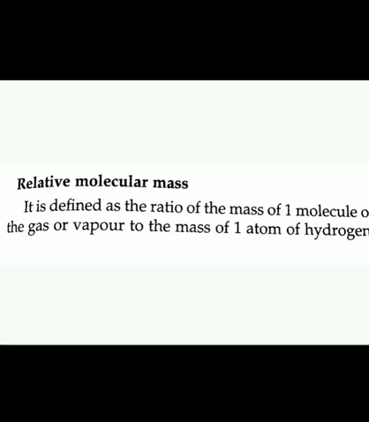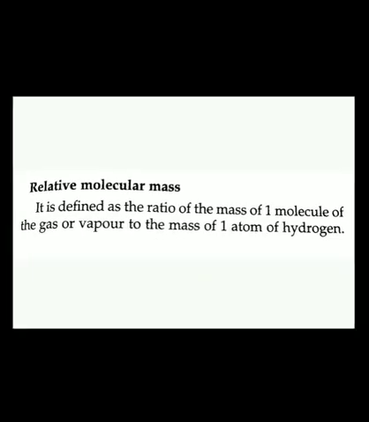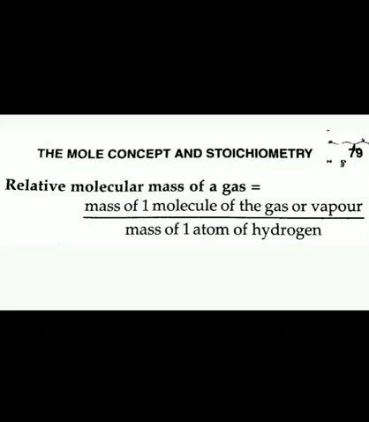So the formula is: relative molecular mass equals mass of one molecule of the gas or vapor divided by mass of one atom of hydrogen. Understood? You divide the mass of one molecule of any gas by the mass of one atom of hydrogen to find the relative molecular mass of the gas.